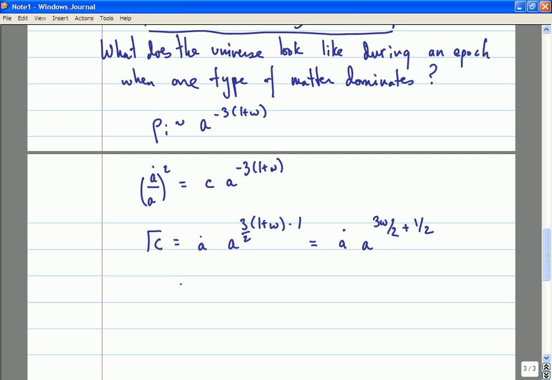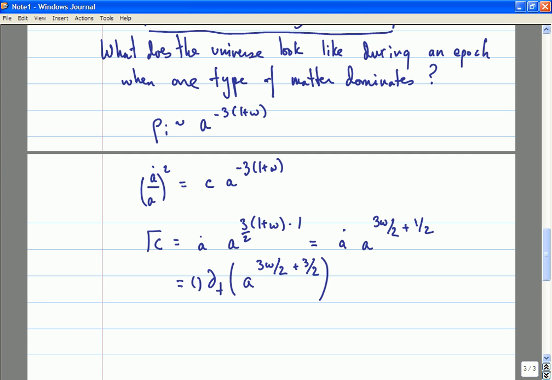What is that? That is just the time derivative of a to the (3w over 2 plus 3 halves) times some constant out front. And I'm not being very careful about the constants. What is that constant? That's 1 over (3 times (w plus 1) over 2).